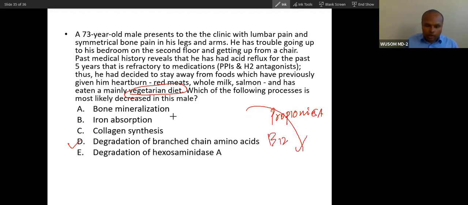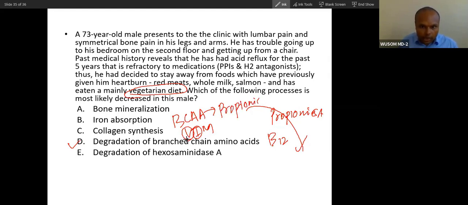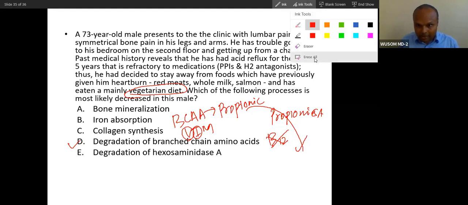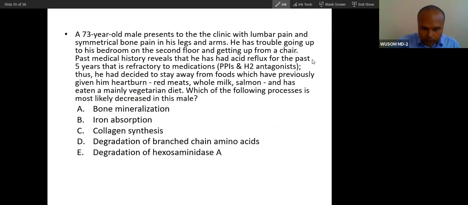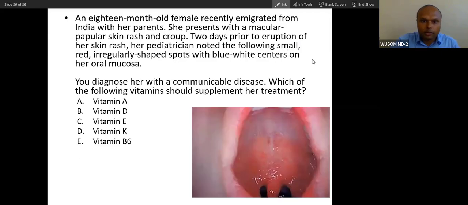And which branched chain? Branched chain amino acids: valine and isoleucine will give propionic acid. That is why, if vitamin B12 is not there, this propionic acid pathway is involved, and that is the branched chain amino acid pathway. Did you understand this?